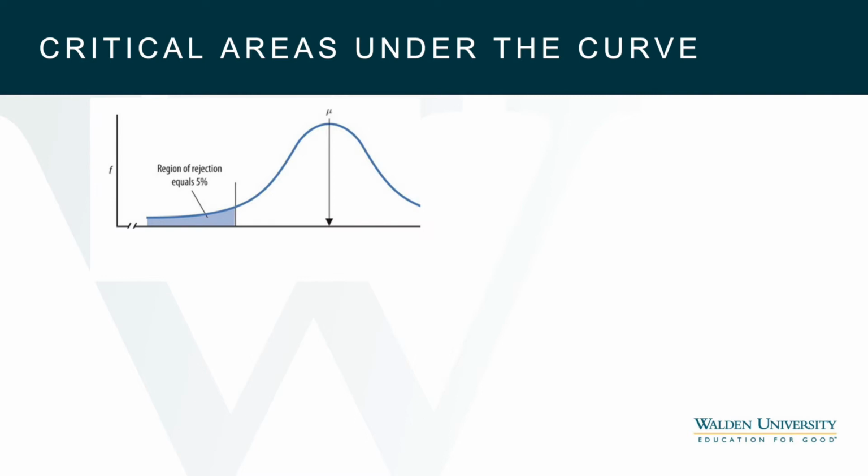I can test in one direction. I can hope with a one-tailed approach that I'm looking to see if my population mean is going to come out smaller than a set value. I can also look on the direction here on the right where I'm hoping that my population mean is going to come out greater than some set value.